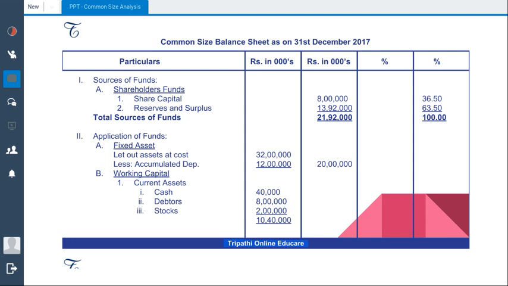So if I want to know the breakup of the total sources of fund which I have collected, this is how we can find out in terms of percentage, because percentage is always helpful in analyzing things. That is why, if you get marks also, you never compare your marks with your friends.